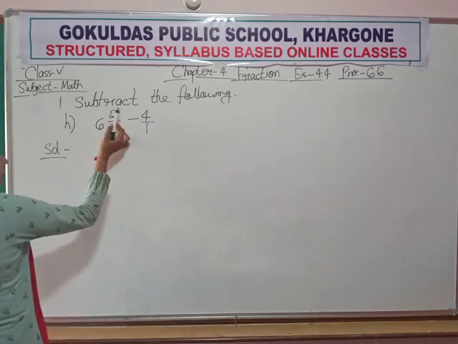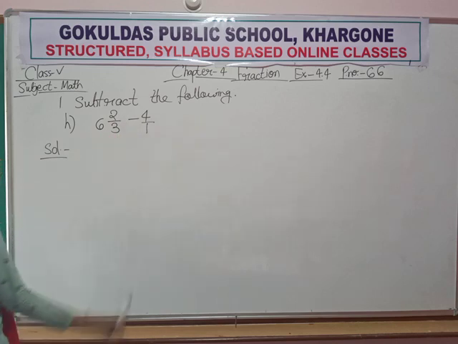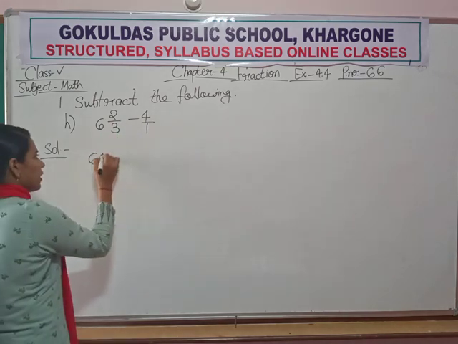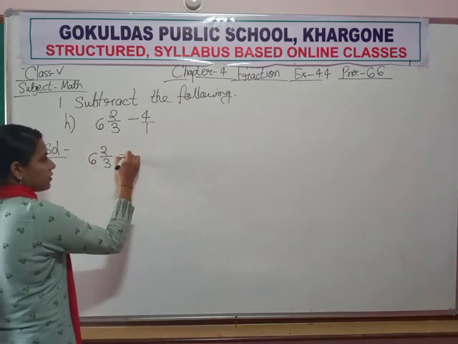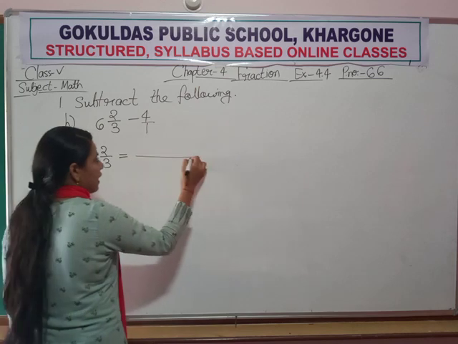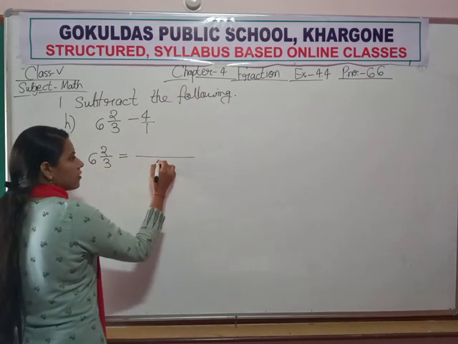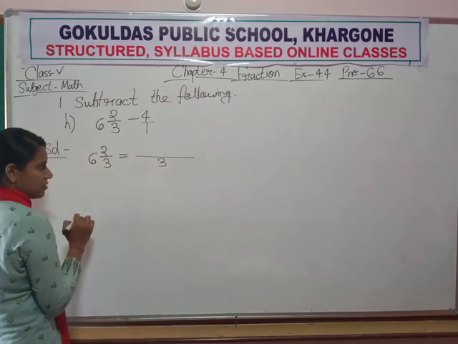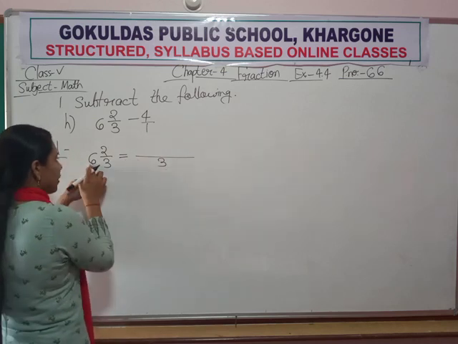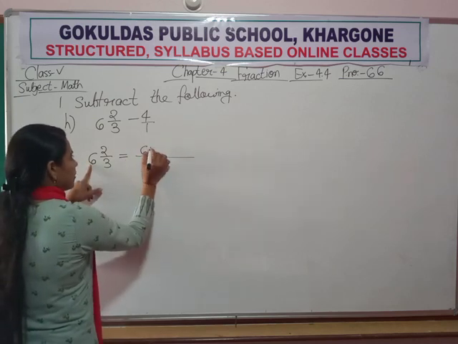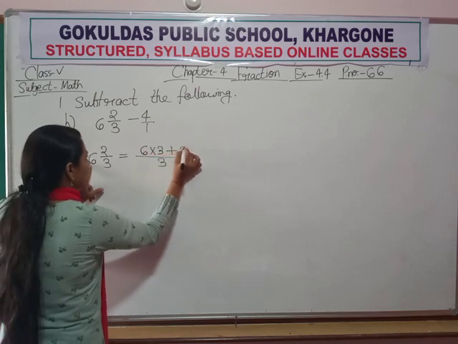Now observe that the first number is a mixed fraction. So first convert this mixed fraction into an improper fraction. How do we convert? We write the denominator as it is. The denominator is 3, so we will write 3 as it is. Now in the numerator part, what will we write? We will write 6 into 3 plus 2.